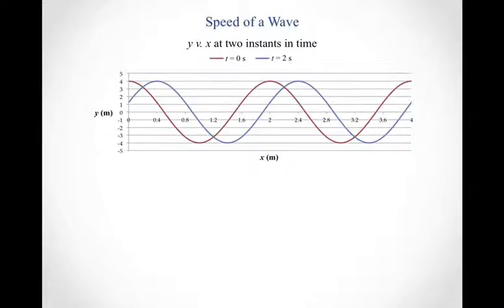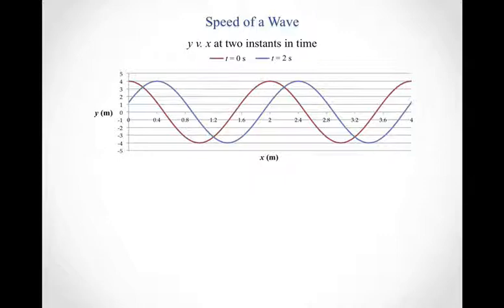If you're given a plot of the disturbance of the wave, the displacement as a function of position and the displacement as a function of time, how can you use those two graphs to figure out the equation of your wave? I still need to be given two plots, but here what I'm given is not one of position and one of time.